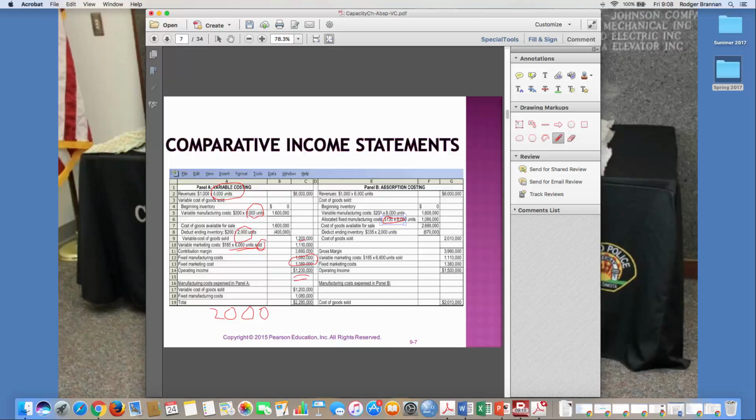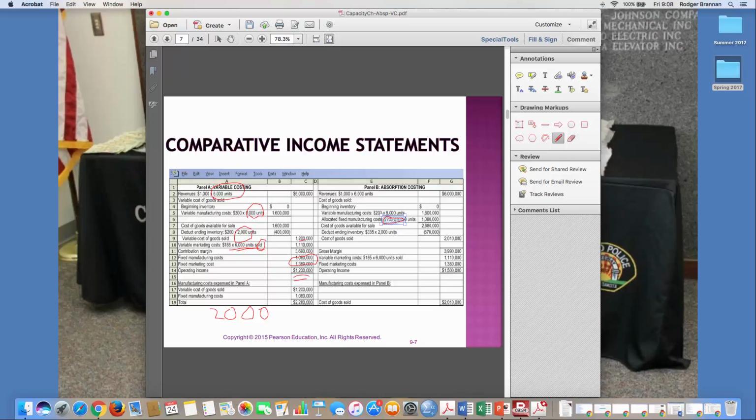So again, this is sort of my denominator level, namely the 8,000. Take the 8,000 times the 200 gives me my variable manufacturing cost. The 8,000 times 135 gives me my 1,080 or 1,080,000. So my total cost of goods available for sale is the 2,680,000.